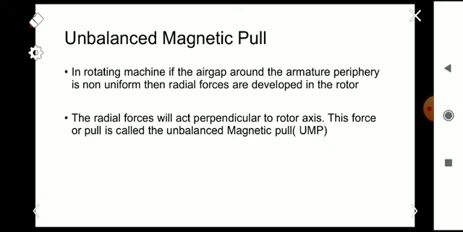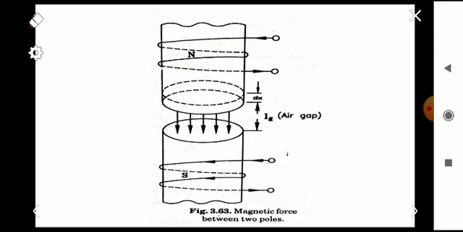Short form is UMP. We can consider a figure here of a machine having two poles, north and south poles. We have to find the magnetic force between the two poles.